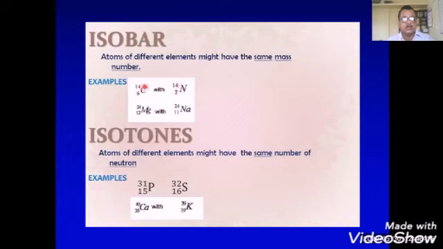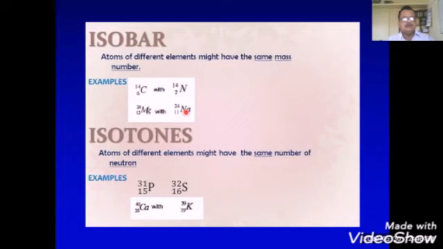So if atomic numbers are different, that means their atoms are of different elements, but they have the same mass number, they are called isobars. Similarly, we have isobars of magnesium and sodium. They are called isobars because they also have the same mass number. So the mass number is 24. Here the mass number is also 24, and they are an isotope of magnesium and an isotope of sodium.